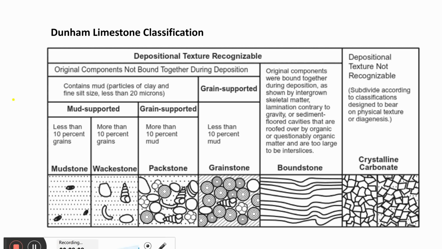So at this stage, as you are studying at bachelor level and you are studying introduction to petroleum geology, you can just keep in mind that limestones are of different types and their texture, features, and morphologies are going to vary. And there are different types of classification as well.